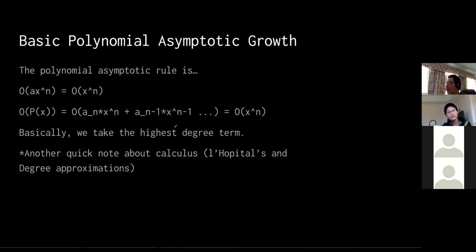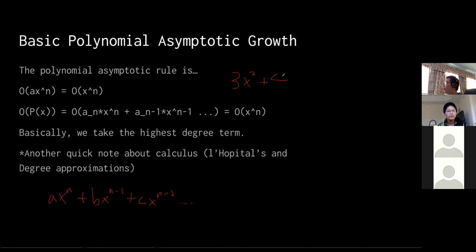So let's say you have a polynomial. If you don't know what a polynomial is, basically it's ax^n plus bx^(n-1), hopefully you know what algebra is, plus cx^(n-2). Here's a concrete example: 3x^2 + 4x + 5.